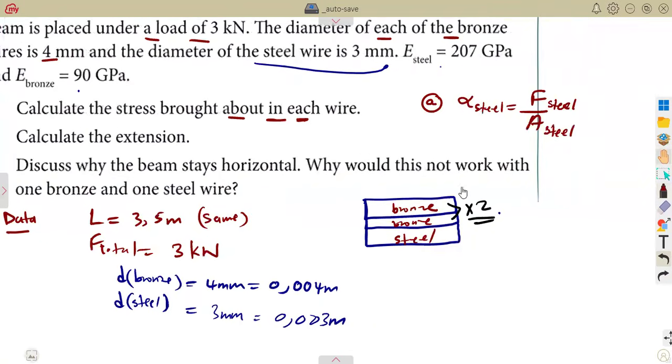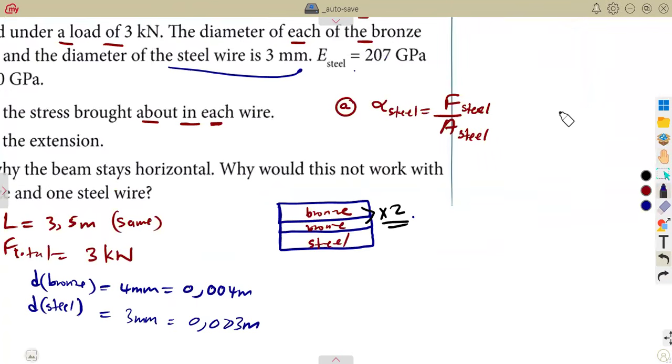Considering the bronze, the same thing: force over area gives the stress, so you need the force for bronze and the area for bronze. You can even use 1 and 2, or A and B, as long as you understand what you mean. But nothing has changed, guys.